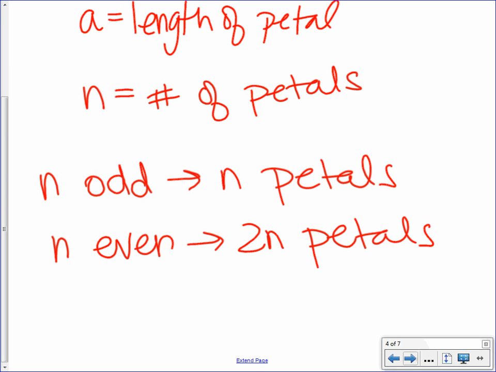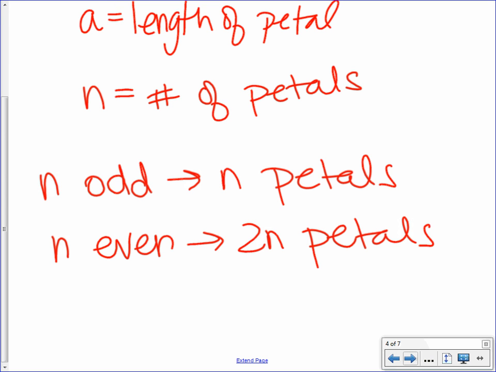Now, what's kind of strange about these is really we're always doubling the number of petals, but when that coefficient is odd, those petals overlap, so we only see 3 petals. There's really 6 there, but we only see 3 of them.